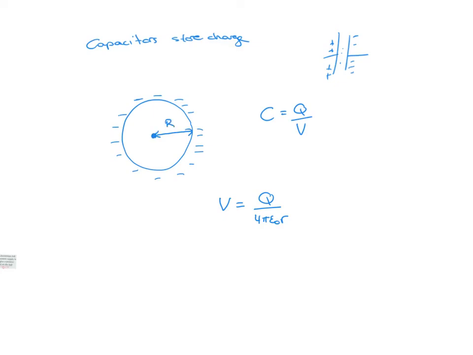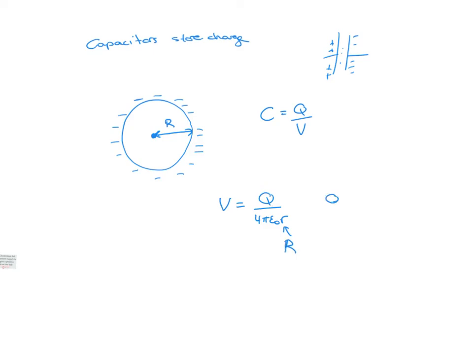So remember, we can approximate a charged sphere to be a point charge from its center. So in this case, this little r can be taken as the radius of the single isolated sphere.